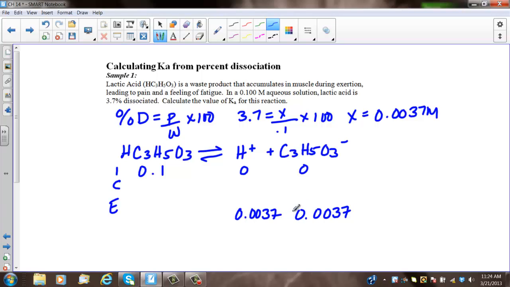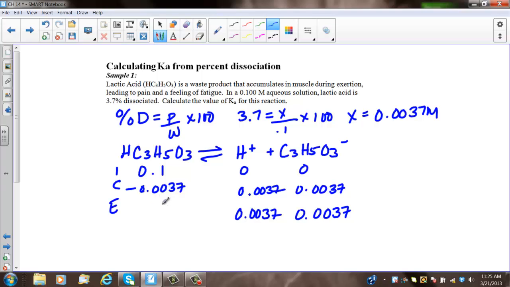What this allows us to do then is, now that we know what x is, we can figure in the rest of our table. So we know that the ions were plus x, so these are 0.0037. And we know that as lactic acid dissociated, this side is going to be minus 0.0037.